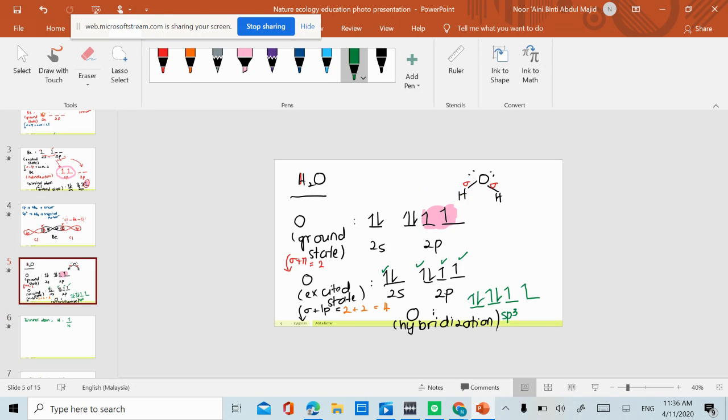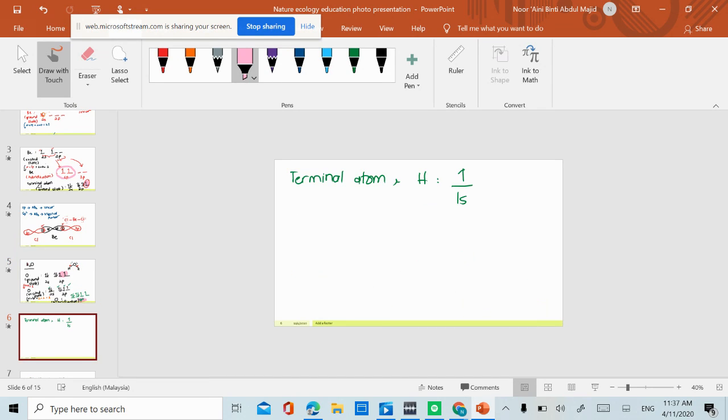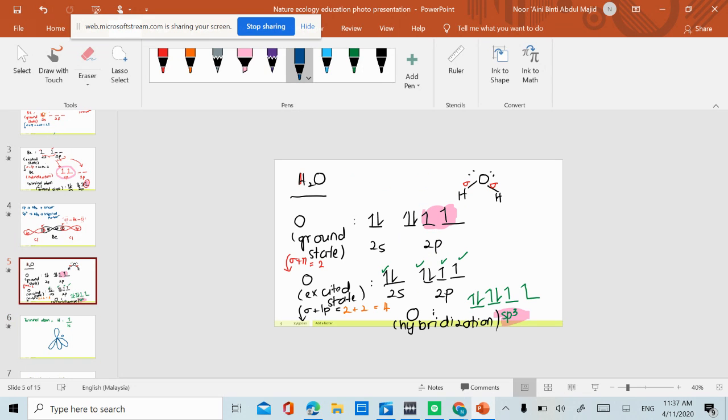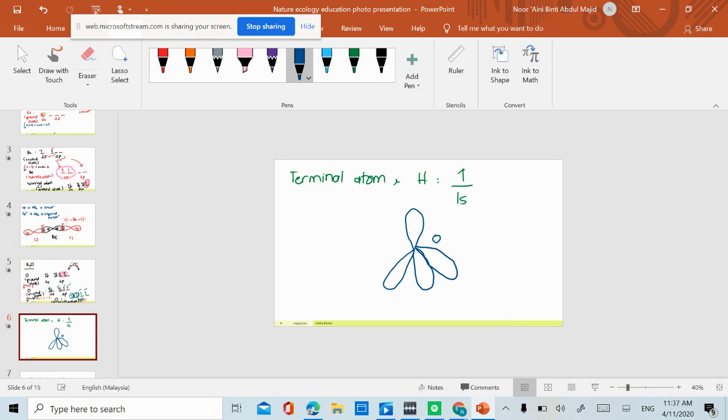Let's sketch oxygen. Oxygen here has sp3 hybridization. sp3 is 4. That means the arrangement is tetrahedral. Something like that. This is oxygen. This one is lone pair, single, single. Where do you place the lone pair?